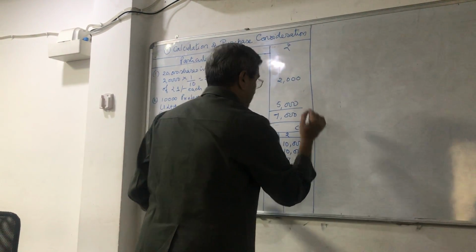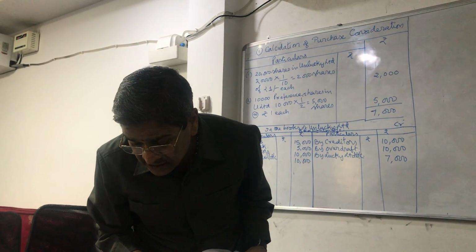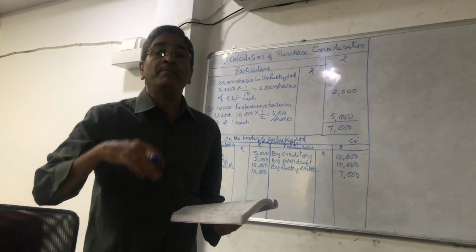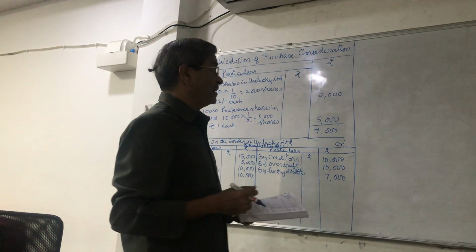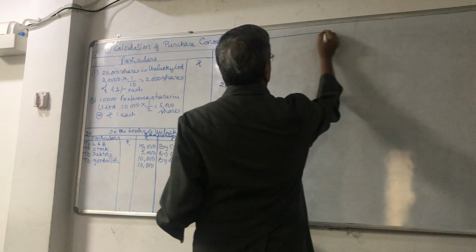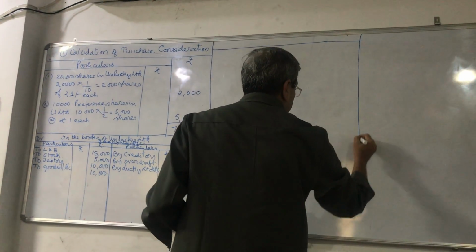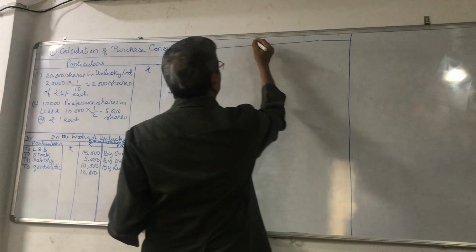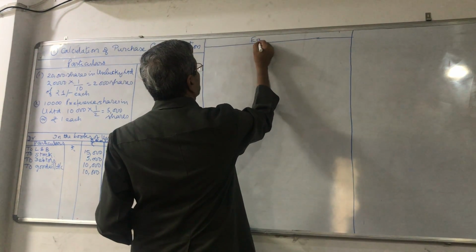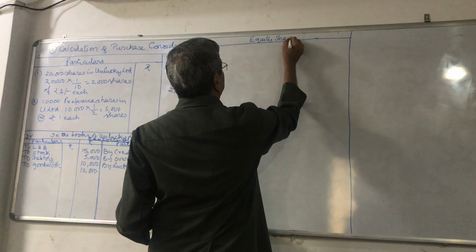Though he gave 5,000 towards the expenses, that expense will be borne by the purchasing company, not the selling company. Hence we don't have to show it here. So let us now show the equity shareholders account and preference shareholders account. You need to pay them separately.